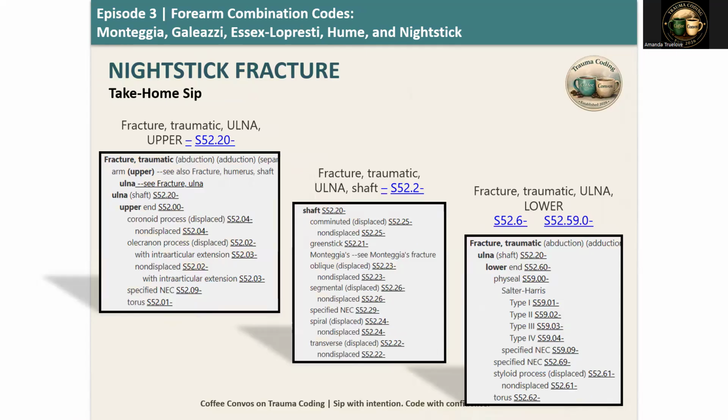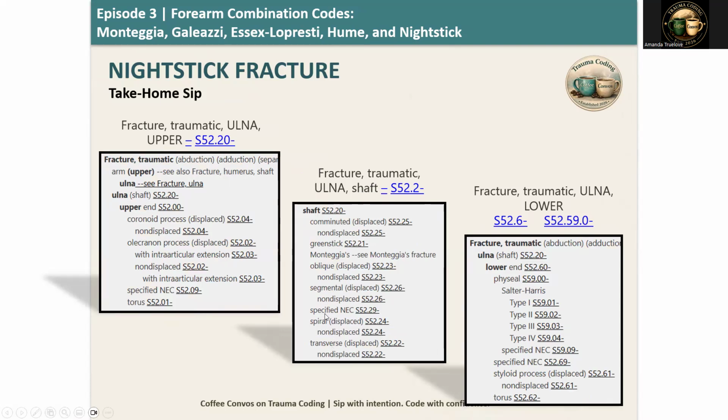Okay, so we do have some examples here. So that nightstick fracture pattern. We've got that fracture of the upper ulna would be assigned to the S52.20, depending on where it's at. So if it's isolated to the upper, this would be where you go. If you have a shaft, just proximal third or distal third or even middle shaft fracture, you also have these options.